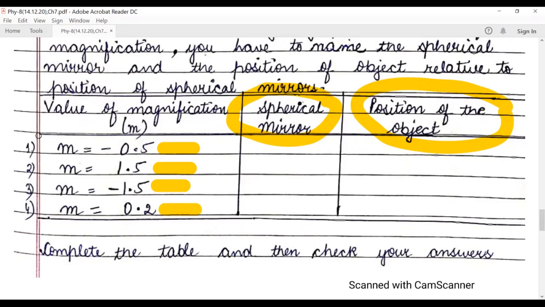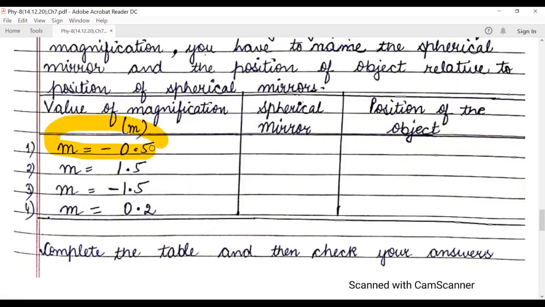So there are 4 parts, 4 different values of magnification. First, magnification is -0.5. Second, magnification is +1.5. Third, magnification -1.5. And fourth, magnification is equal to 0.2.